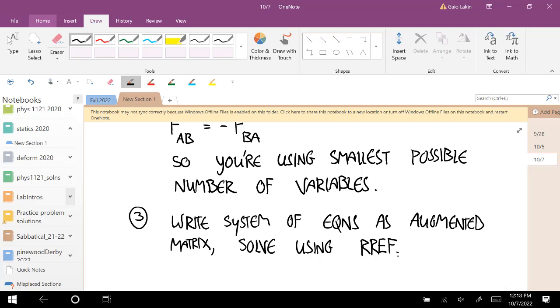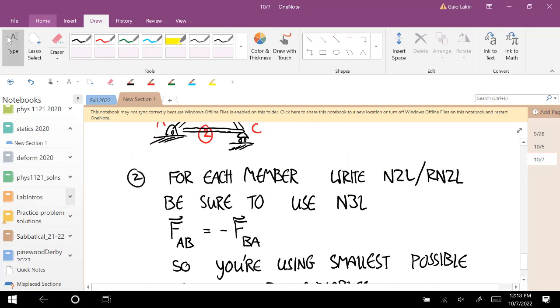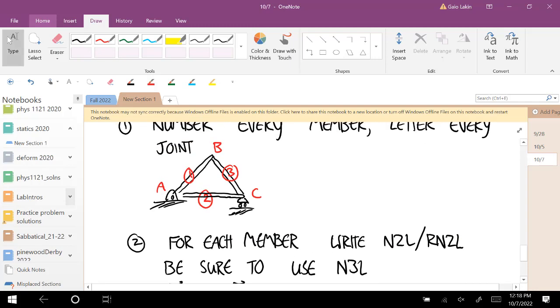So in this example, this picture that I drew here, what kind of system of equations would we have there? We're doing this as a two-dimensional problem. Every rigid body gives you three equations. And so this is going to be a system of 1, 2, 3 times 3, 9 variables, 9 equations. And that's a pretty simple truss, or a pretty simple structure.